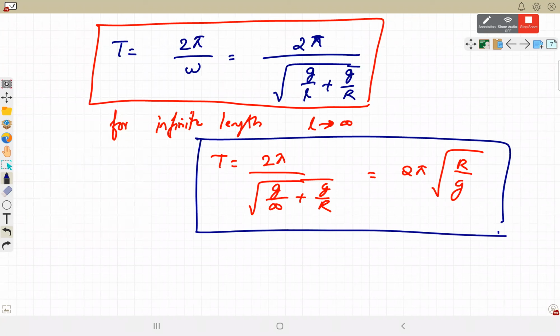It is not infinity. Simple pendulum, infinite pendulum, and compound pendulum, all these cases we have just done.